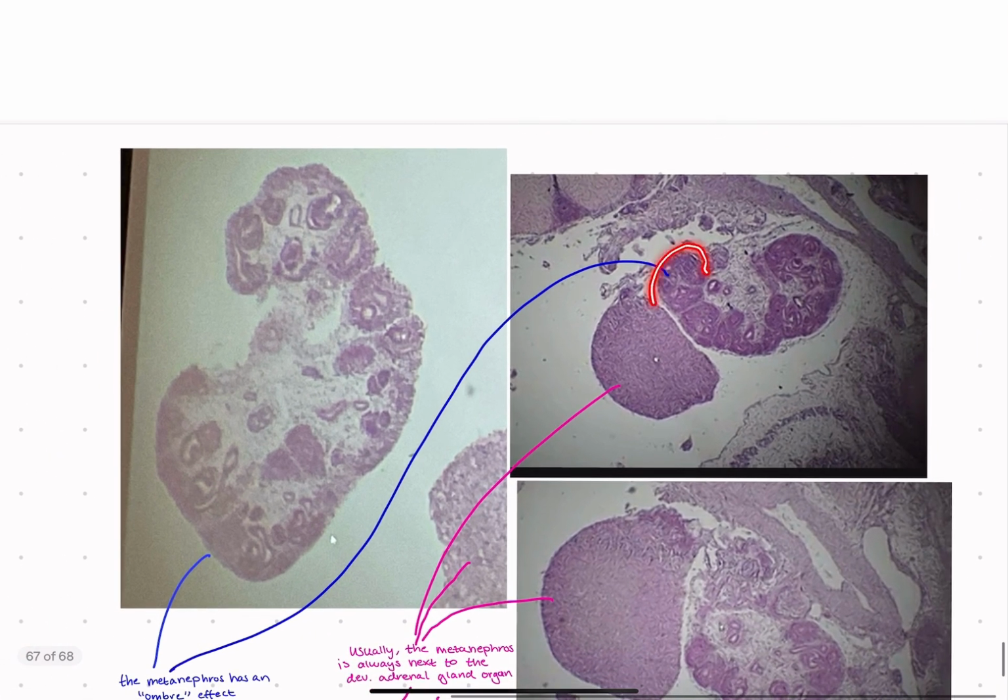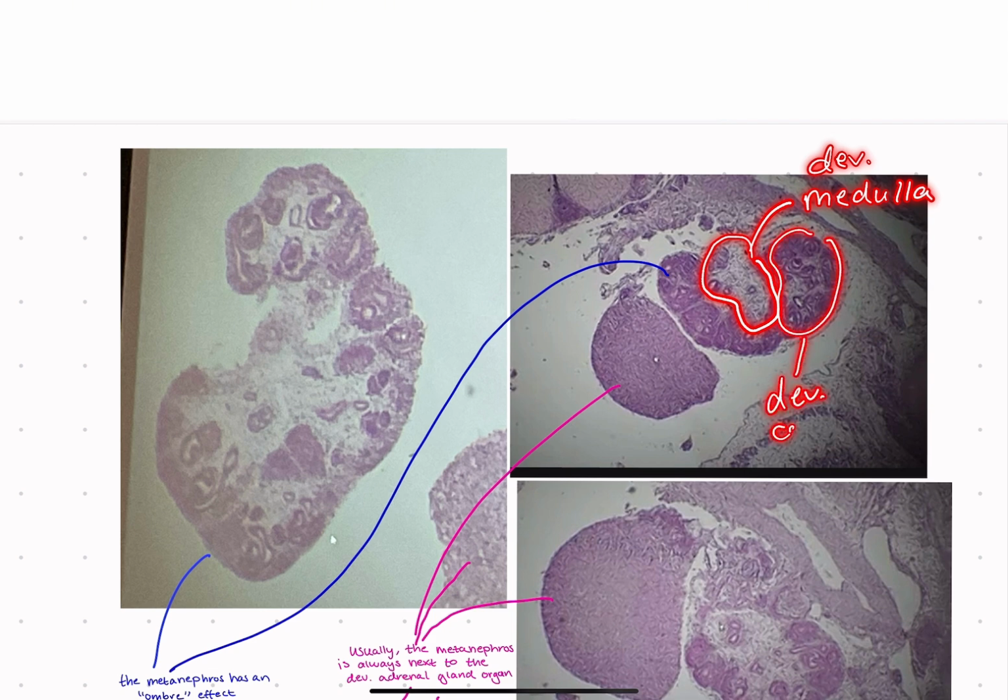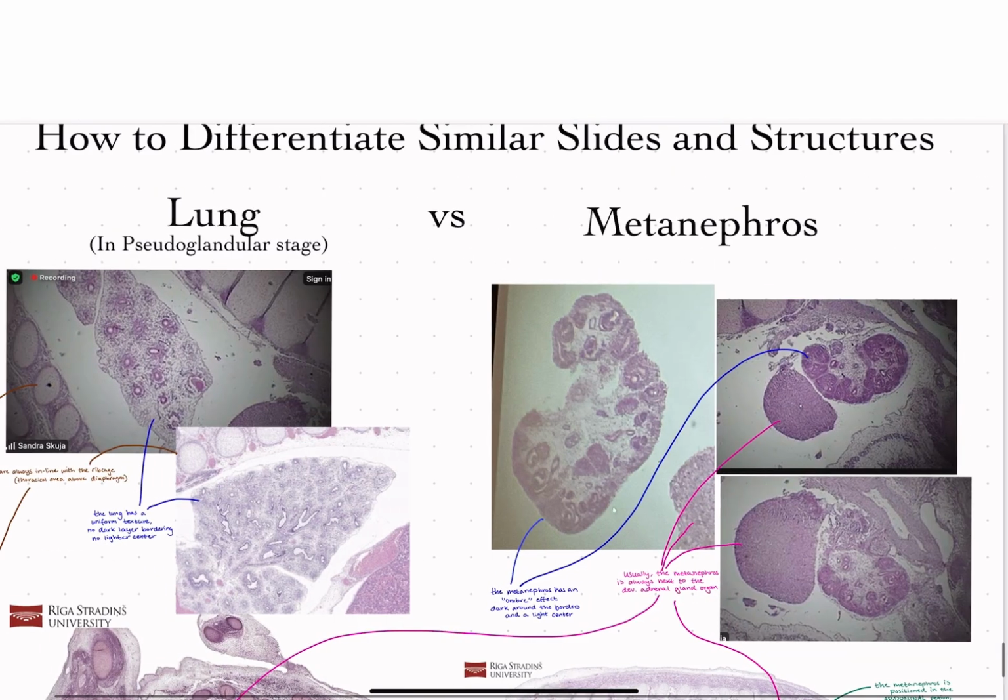The first one being this darker outside section, known as the cortex. And the second one being this lighter middle part, known as the medulla, or the developing medulla. You have to write the developing cortex here. Developing cortex. It's important to know these structures because they might be asked of you during the colloquium.